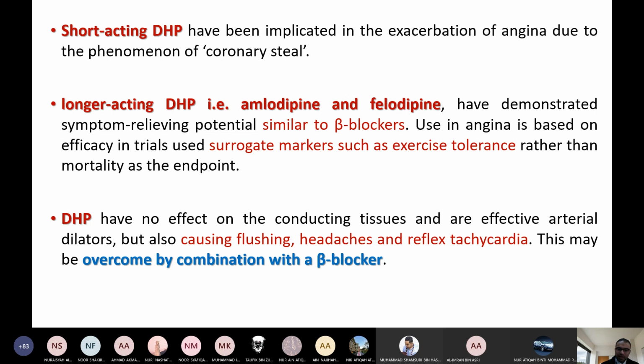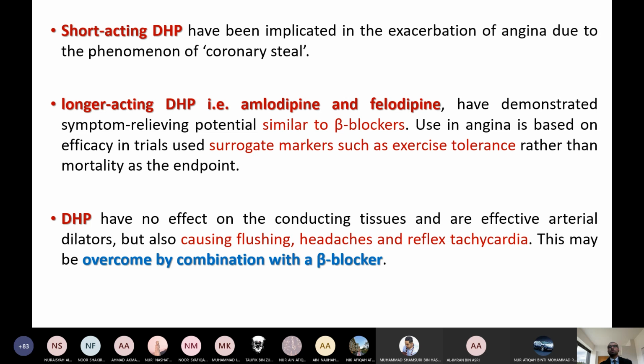This may be reflex tachycardia and a rapid change in heart rate that affects the blood circulation within the coronary artery, and this overall is not recommended currently to be used. Long-acting dihydropyridine, the amlodipine and felodipine, in terms of symptomatic control, symptom relief, can be as good as beta blocker in terms of the overall symptomatic relief.